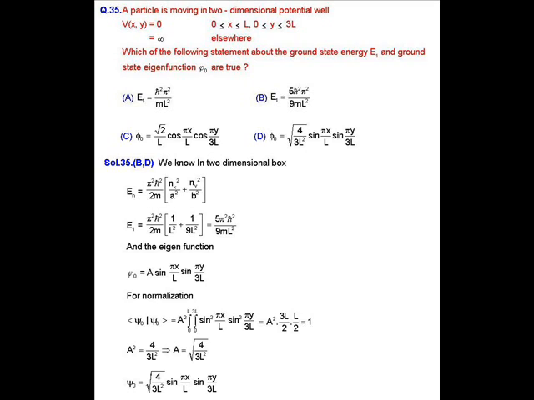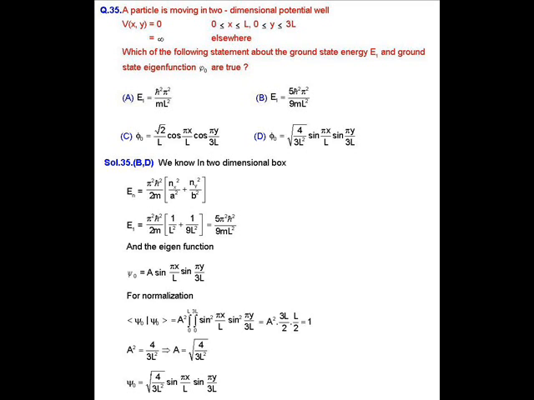So for the ground state, nx equals ny equals 1. So ground state energy E1 equals pi square h cut square divided by 2m, 1 by L square plus 1 by 9L square, that is equal to 5 pi square h cut square divided by 9mL square, where the length of the box along the x-axis is L and along the y-axis is 3L.